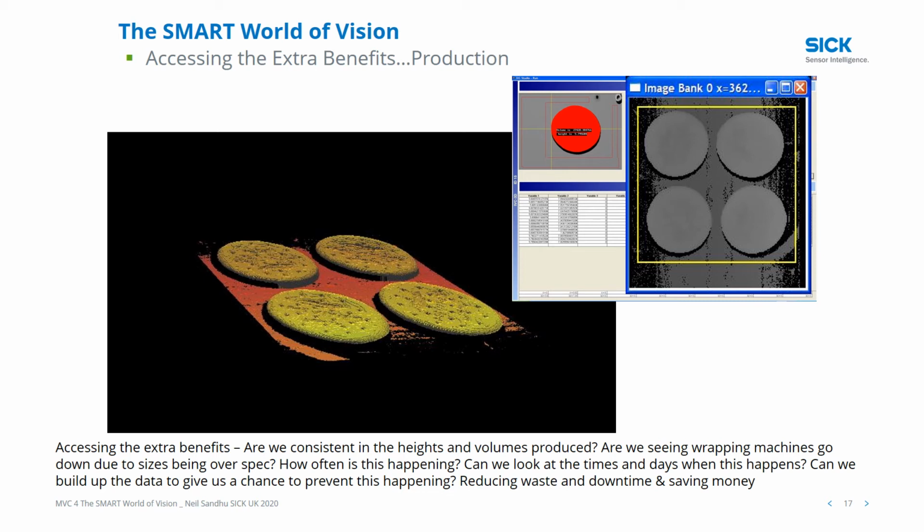And if we can monitor not only the measurements coming out but the data coming out from this process, then perhaps there's something there that could be created into a closed loop monitoring processing system, that means that production is accurately monitored in real time to know that we've got slightly larger or slightly smaller items being produced, and therefore the wrapping areas need to adjust accordingly.